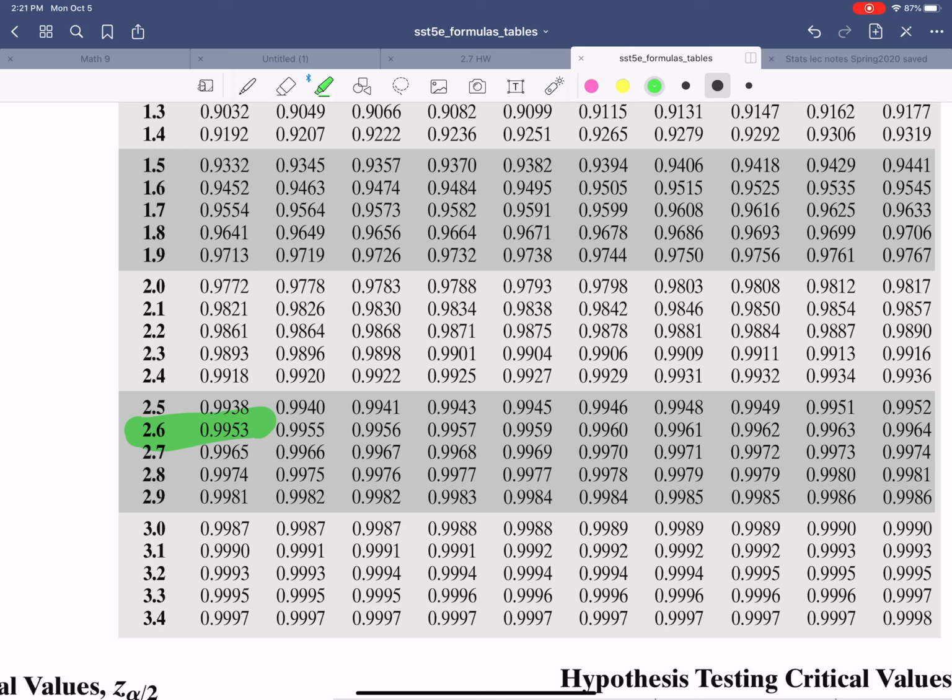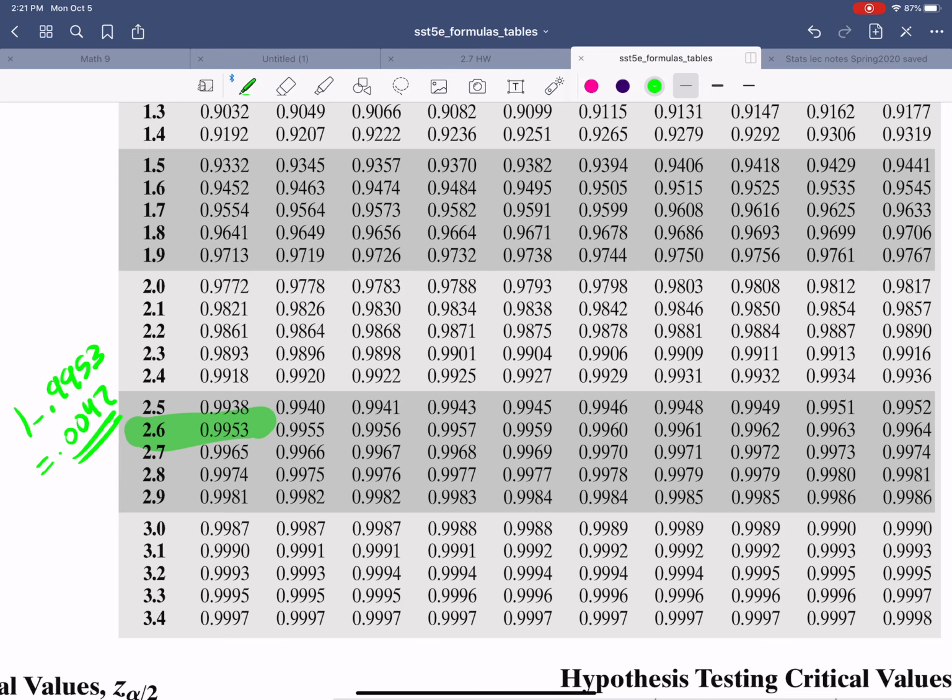So you can really do it in two different ways. One way, you know the distribution is symmetric. You can look at negative 2.60, or you can do 1 minus 0.9953, which is 0.0047.